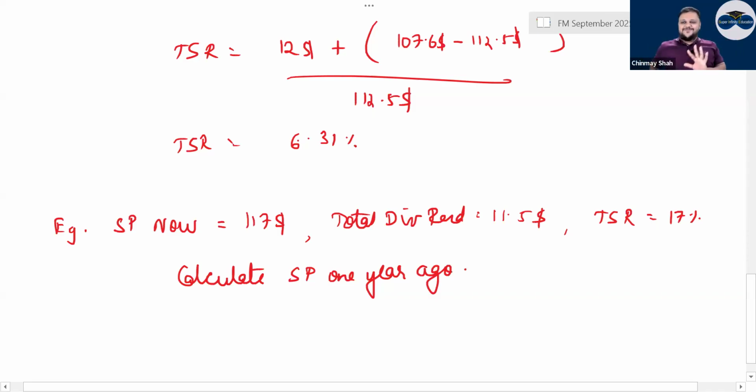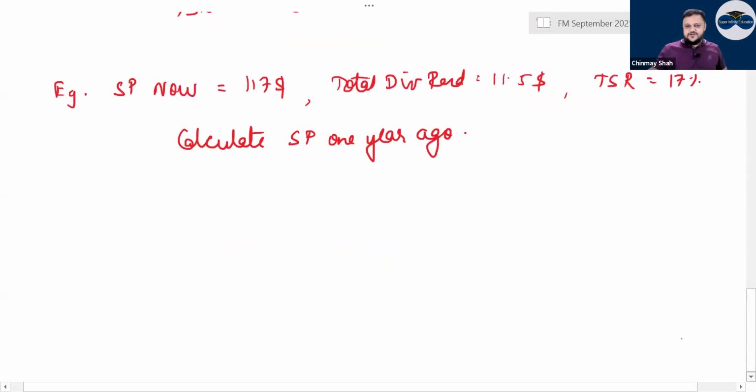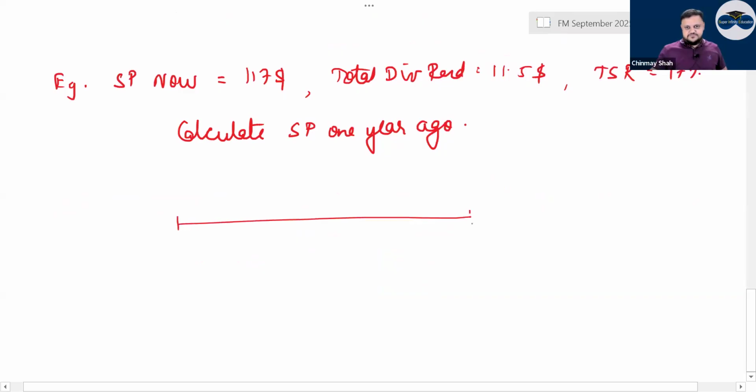One question is there in one of the books where it asks you to calculate share price 1 year ago. How will you handle this? Share price 1 year ago and share price now. What is the scenario? So for this, let me draw a timeline. Correct? This is now and this is 1 year ago.